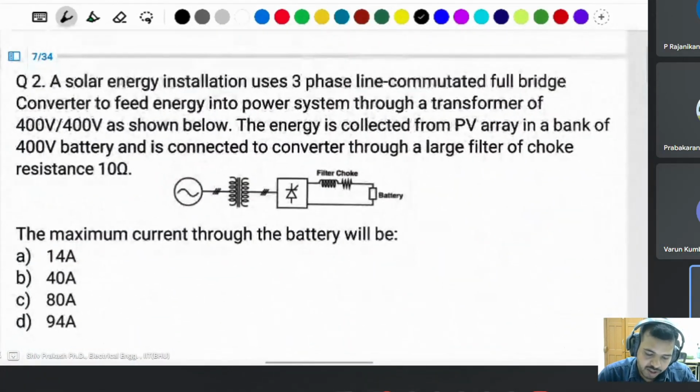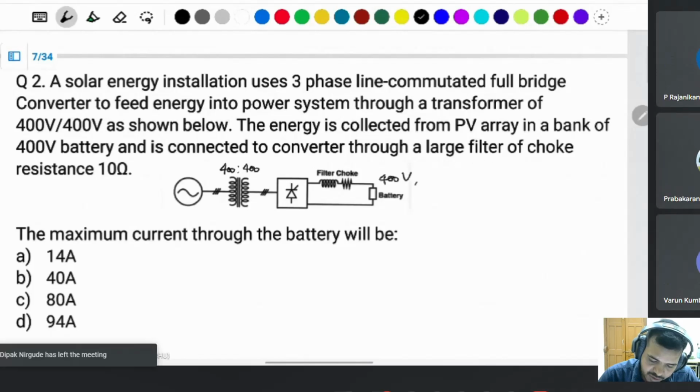A solar energy installation uses a three-phase line commutated full bridge converter to feed energy into the power system through a 400 to 400 isolation transformer. There is a PV array connected to a bank of 400 volt battery through a converter.